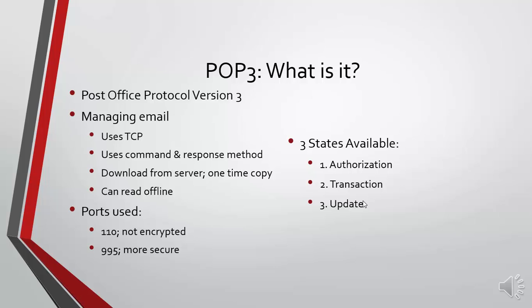Once access is granted, it moves into the transaction state, and it has 8 possible commands: stat, list, retr, dele, noop, rset, top, and UIDL. Within this state, the user can operate within the protocol, and once they're done, they'll quit, and it moves into the update state. This is after the user has quit the session.